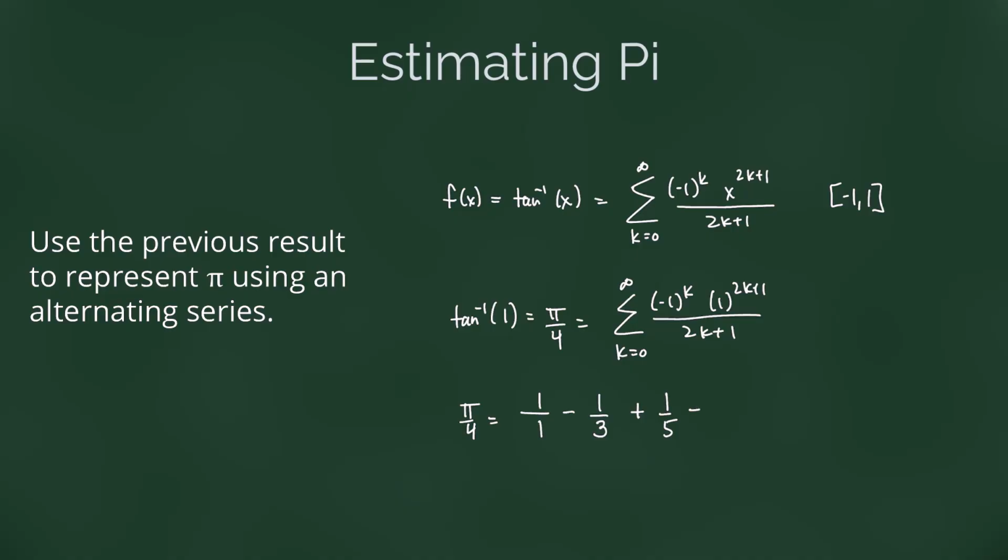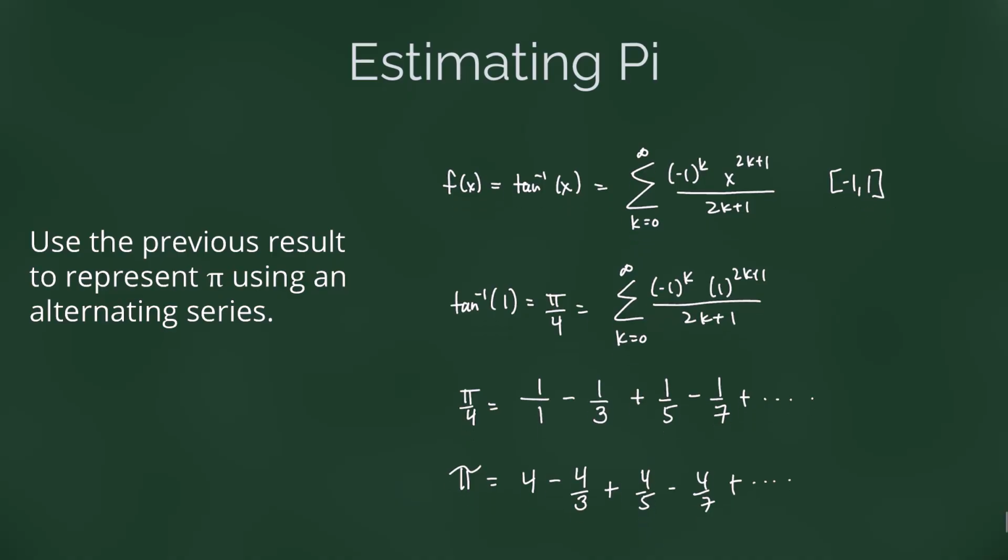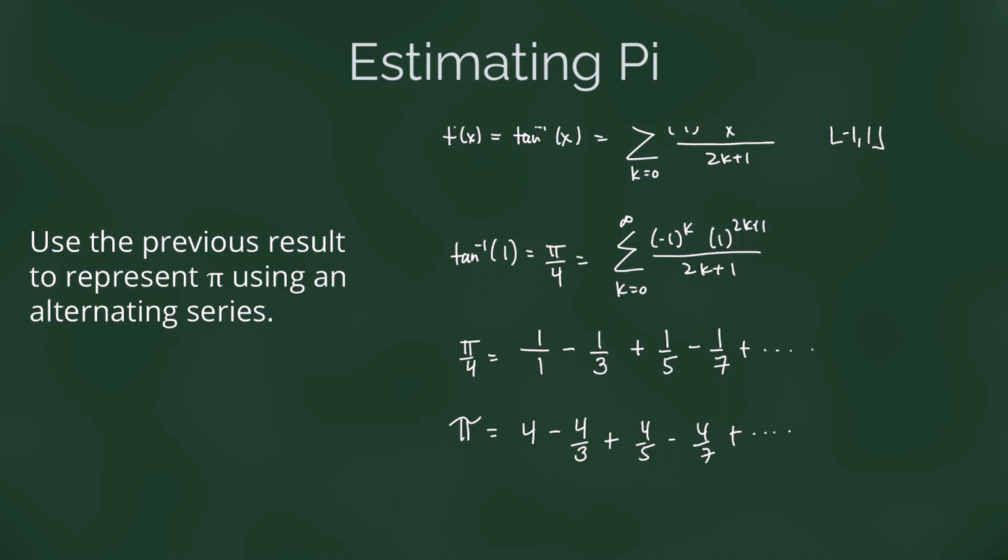K equals 3 gives us -1/7, and so on and so forth. Well, notice then that if we multiply both sides by 4, we get that pi is equal to 4 minus 4/3 plus 4/5 minus 4/7, and so on and so forth. Now, this series converges slowly, but it does eventually converge to the typical value we know of as pi, which I think is fun and interesting.